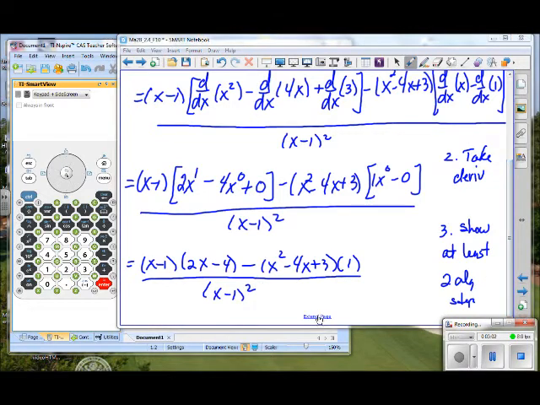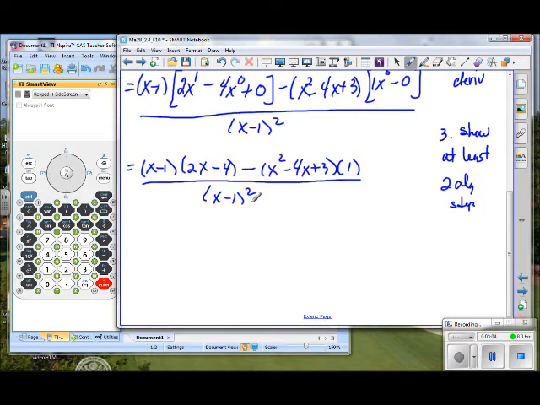Okay, that's one algebra step. Let's see what we can do here, if we can clear this up just a little bit. If we look at, let's say, multiplying these two together, we'd have 2x squared, and we have negative 4x minus 2x, that's negative 6x. Negative 1 minus 4 is plus 4.